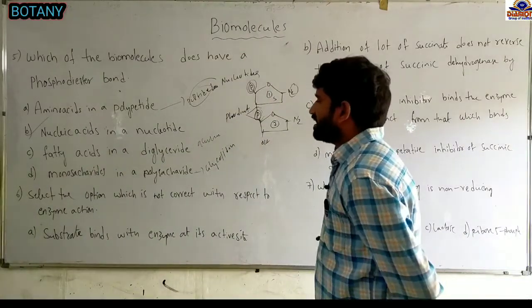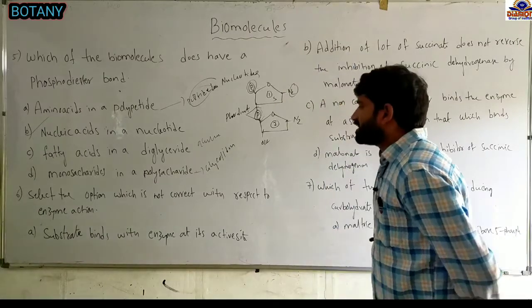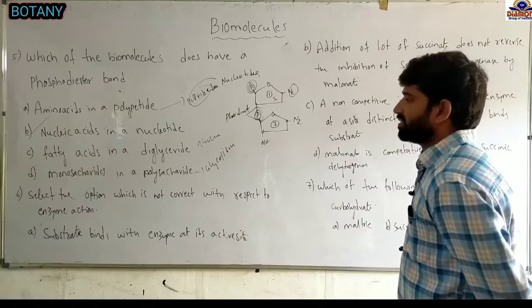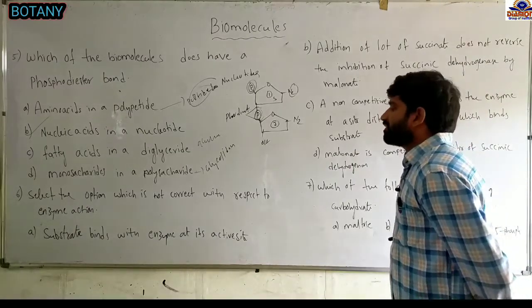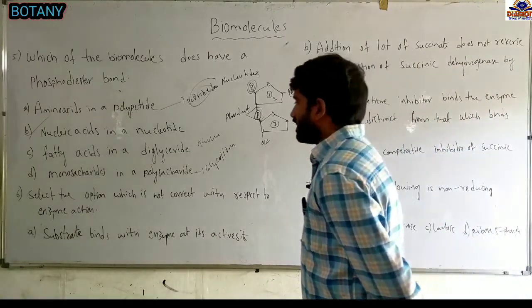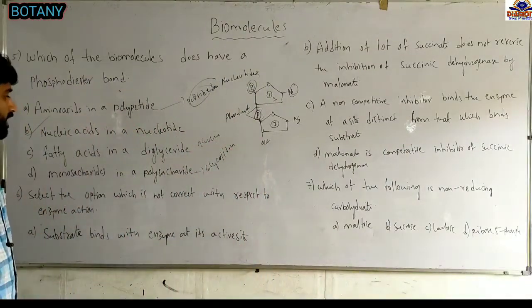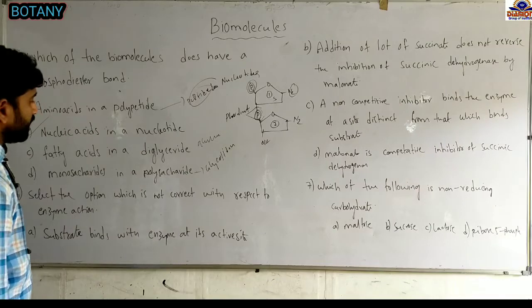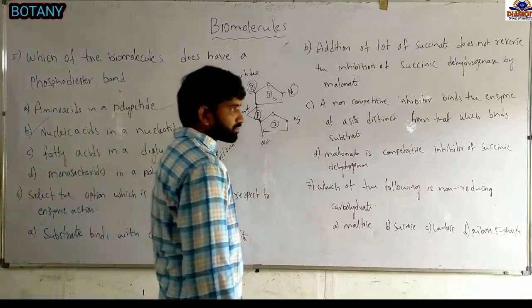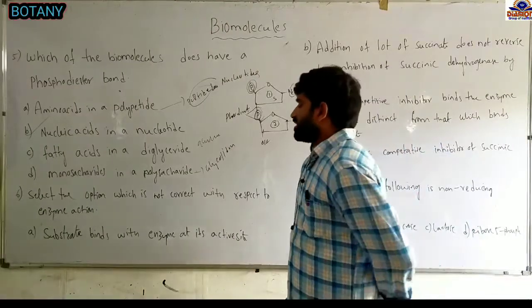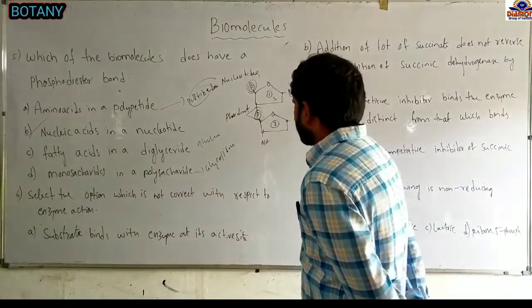Next question: select the option which is not correct with respect to enzyme action. Option A, substrate binds with the enzyme at its active site. You know the enzyme actions. Substrates bind into the active site of the enzyme.